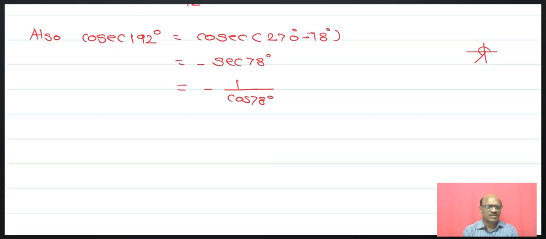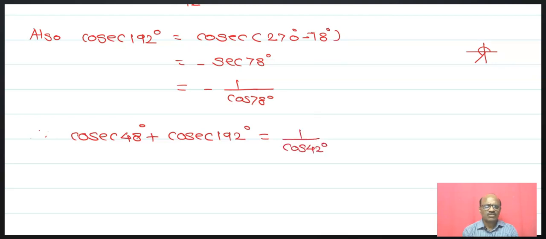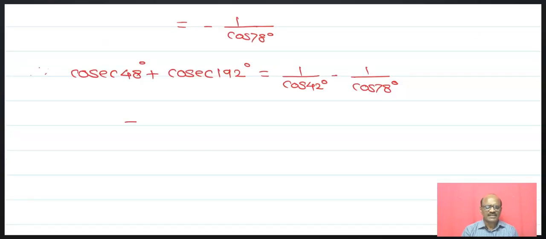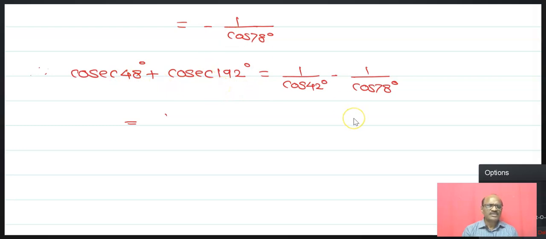Now cosec 48 plus cosec 192 is equal to 1 upon cos 42 minus 1 upon cos 78. In this case, we evaluate the first two terms and then the remaining two, and that's how we will get the answer of this question.